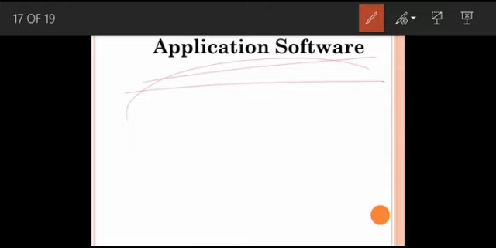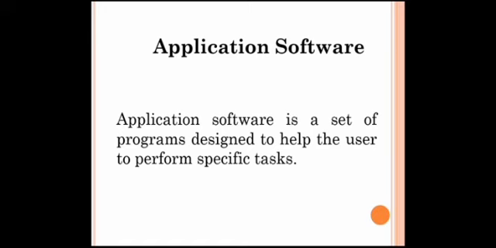We need Microsoft Word for typing, we need Excel for creating and managing our data, and we need database management software to store our data. We need so many types of software. Application software is further divided into two categories: general purpose application software and specific purpose application software.